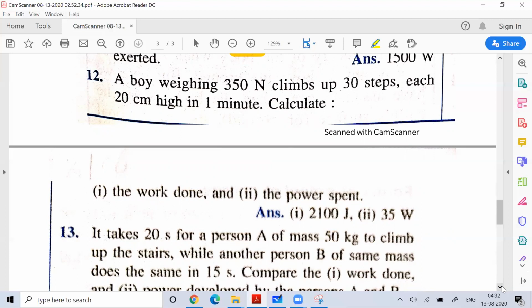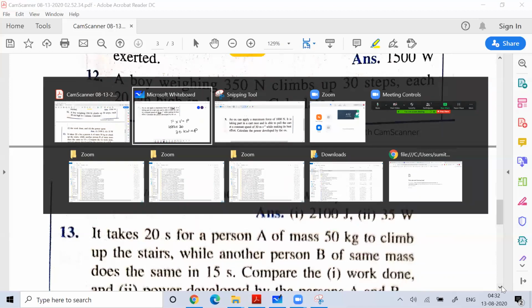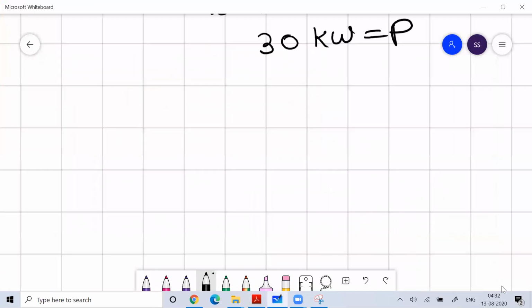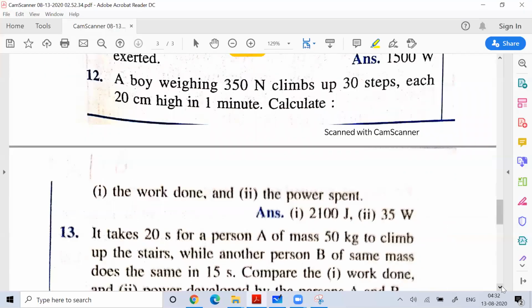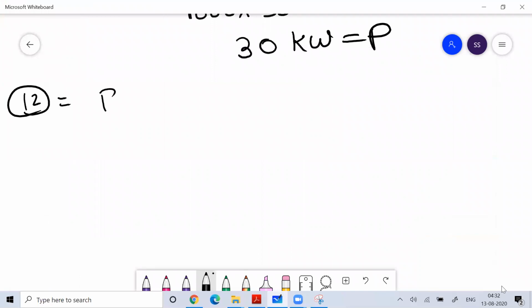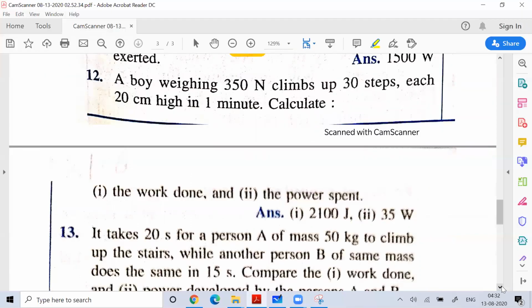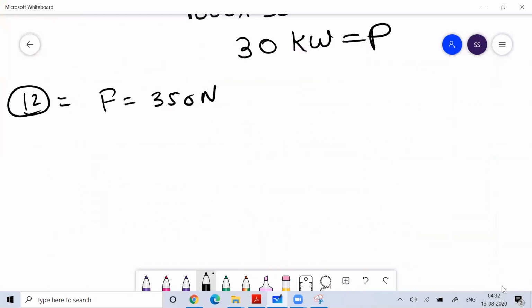So convert that into meter, because you know that joule is Newton meter. The force is 350 Newton and 30 steps, 20 centimeter high.